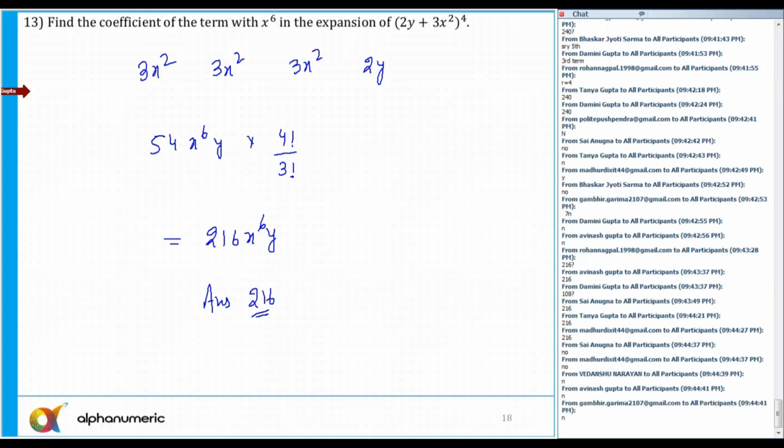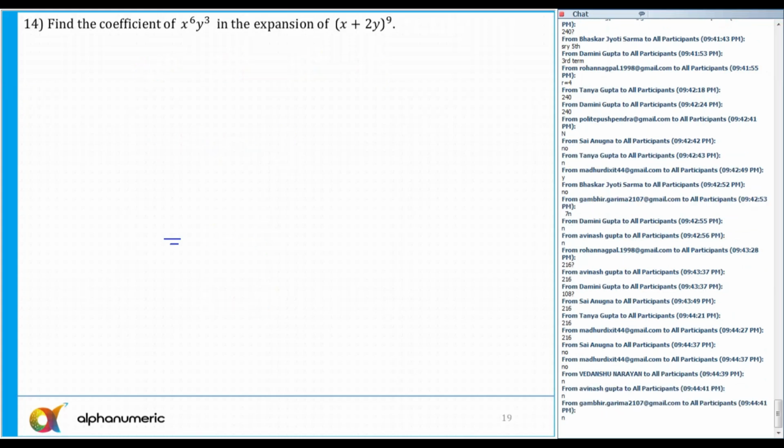All right. So let's move to the next question then. Try this. Find the coefficient of x raised to power 6 and y cube.